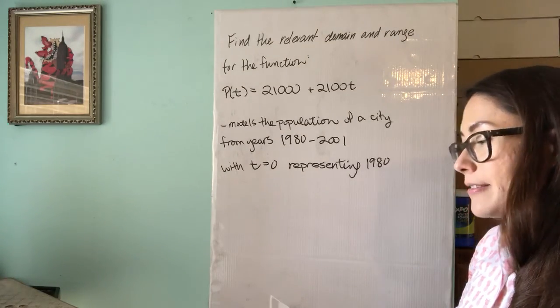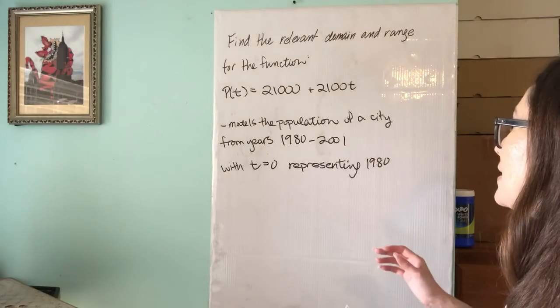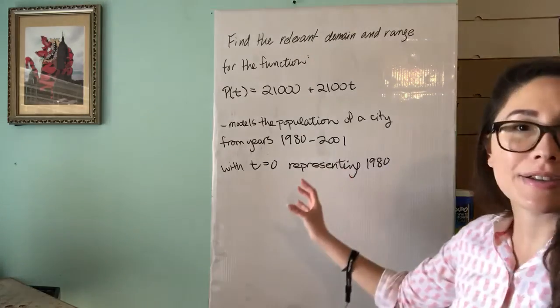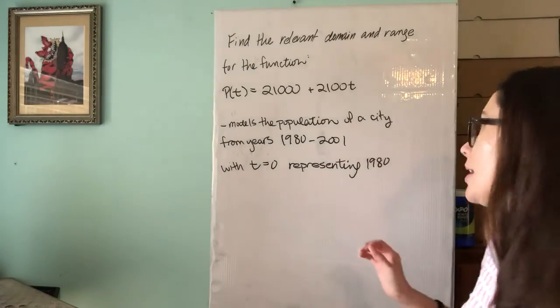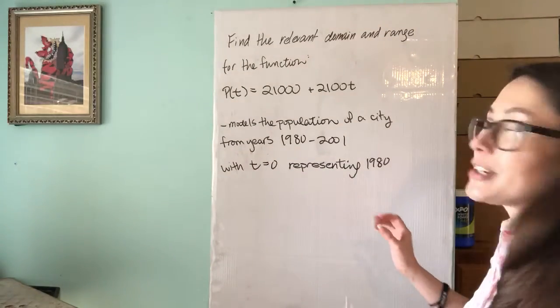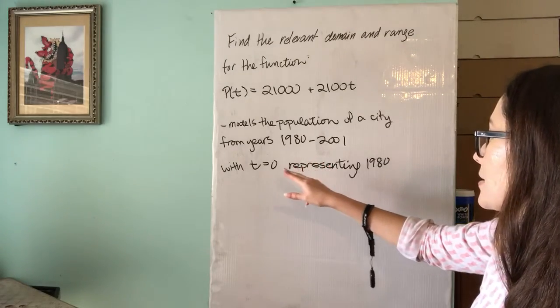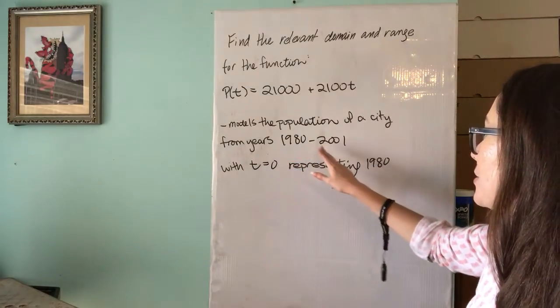So it's asking for the domain. So the domain would be which t values would go into this function, or which t values are relevant. So they're only counting the years t from 1980 to 2001.